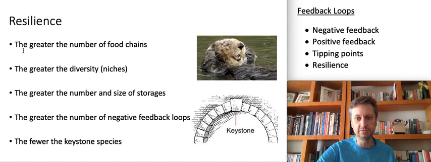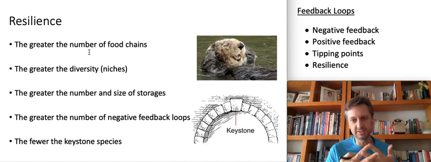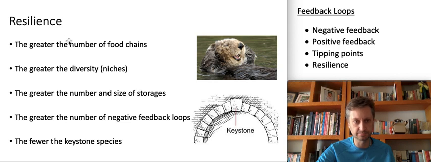So therefore, if you've got a large number of food chains or a more complex food web, your system is more resilient. If you lose one species, or if one population of a species falls very low, other connections inside your food web take over, and the system is able to compensate or to be more resilient.